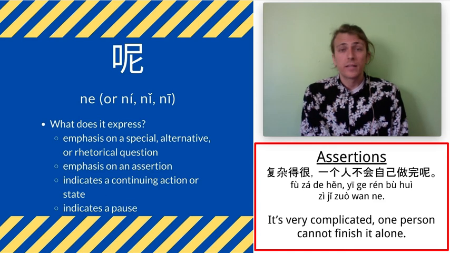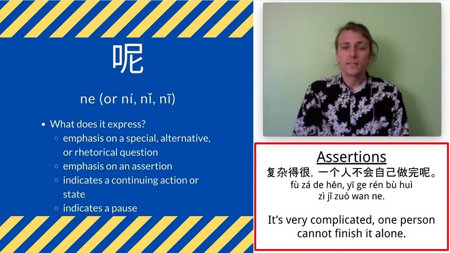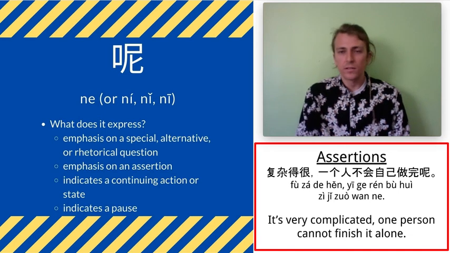It's very complicated. One person cannot finish it alone. So the first part is the assertion. 复杂的很. It's very complicated. And then the additional assertion to emphasize that is 一个人不会自己做完的. One person cannot finish it alone.